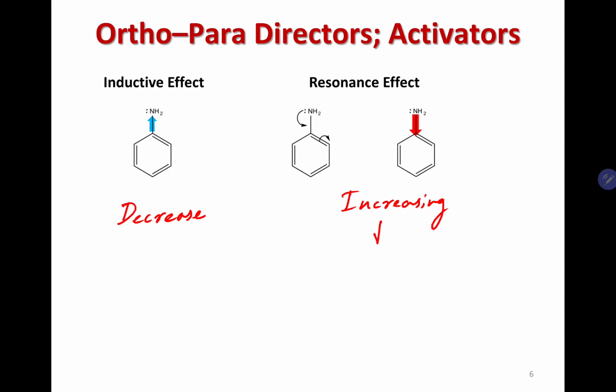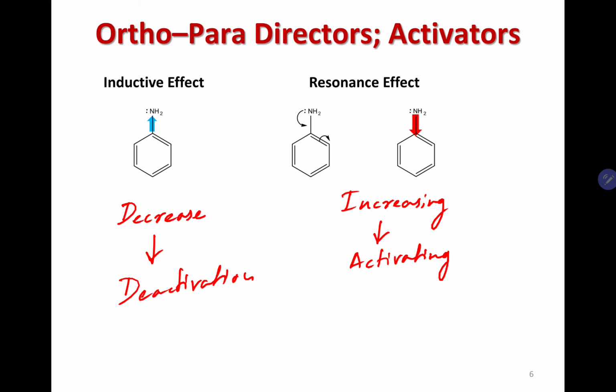If it is increasing, it is activating. If it is decreasing the electron density, it is deactivating. So one effect is activating the electrophilic aromatic substitution. The other effect, the inductive effect, is actually deactivating the electrophilic aromatic substitution.